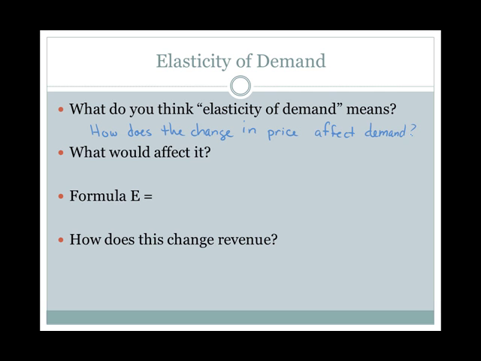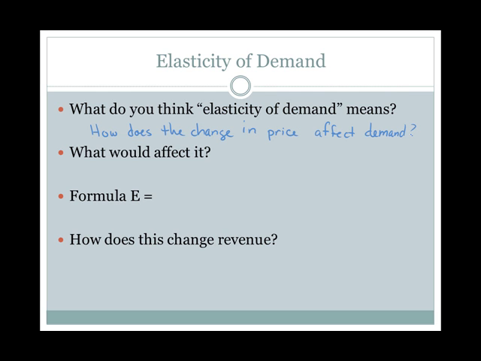So elasticity of demand is going to help us know how elastic the demand is. How will the demand change based on the change in price? Now, what do you think would affect it?